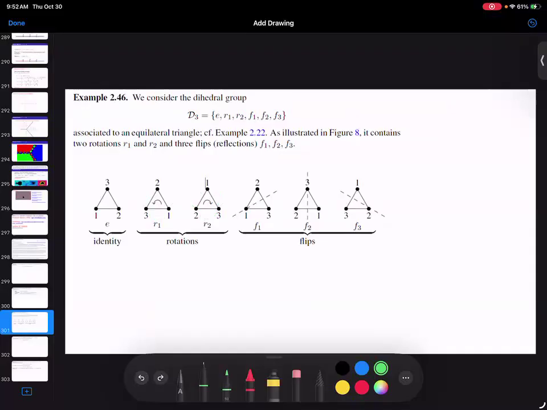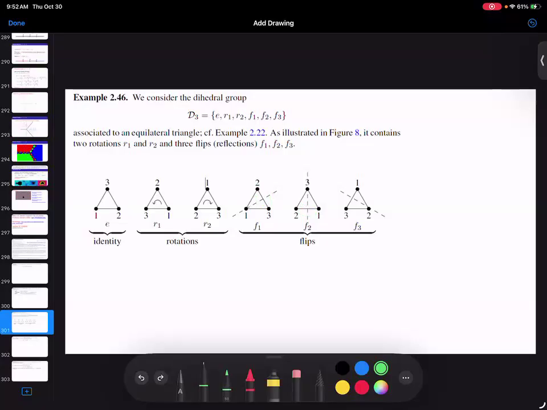Similarly, if I look at the flips, F1 is flipping about the line, so 2 goes to 3, 3 goes to 2. For F2, we flip: 1 goes to 2, 2 goes to 1. If you think about it, everything should be expressible using one of these. Each one of these is different from all the others, right?